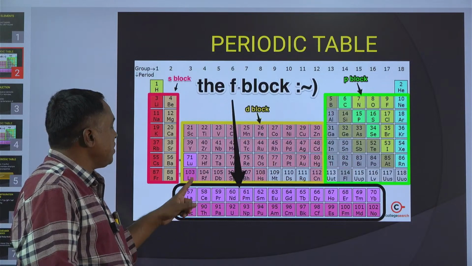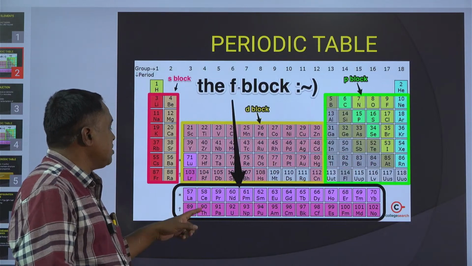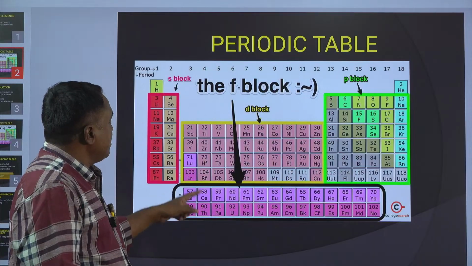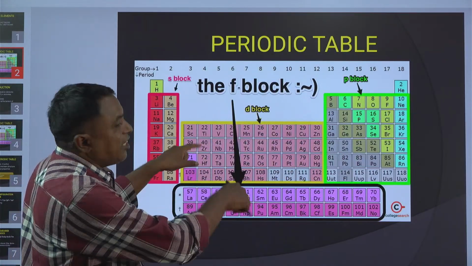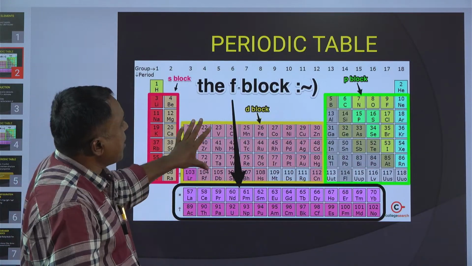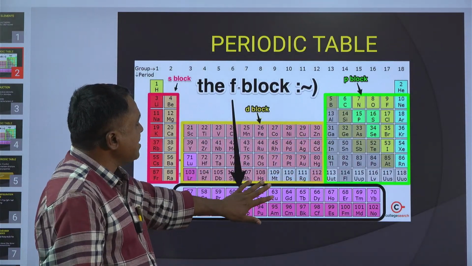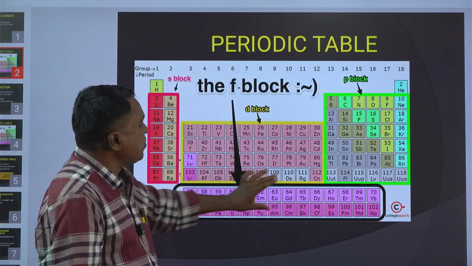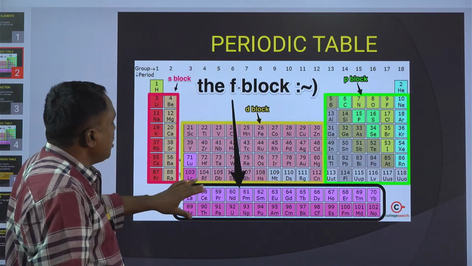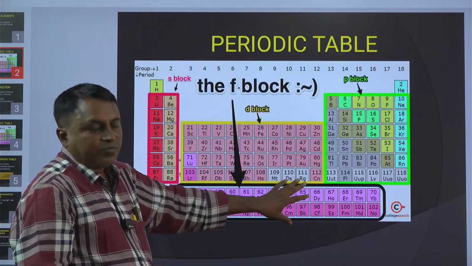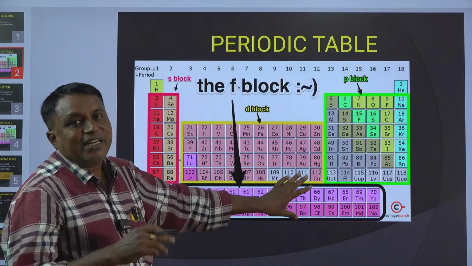These elements are present in the inner part of the d-block elements. The d-block elements are the transition elements, and these 2 rows are specially placed at the bottom of the periodic table. They are called inner transition elements.